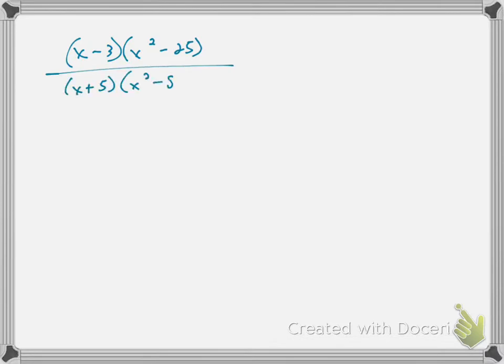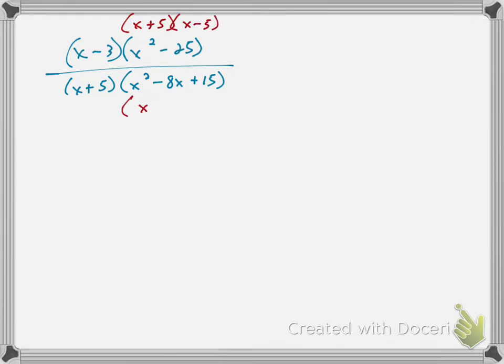Okay, then the last problem, x minus 3 times x squared minus 25, over x plus 5 times x squared minus 8x plus 15. When I look at this problem, I notice that x squared minus 25, that's important. That should stand out. That's a difference of squares. Okay, so x plus 5, x minus 5.